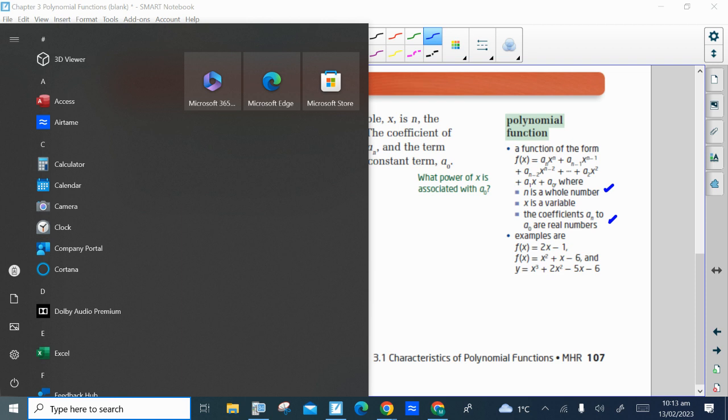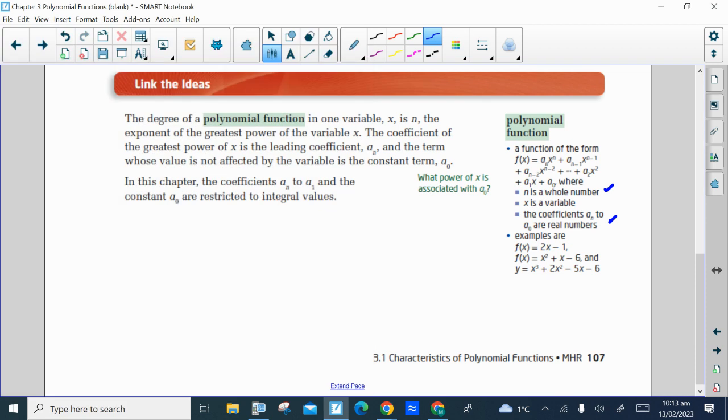So some examples of polynomial functions are 2x minus 1, or x squared plus x take away 6, or x cubed plus 2x squared minus 5x minus 6. In every case, the exponents are whole numbers and the coefficients are real numbers.